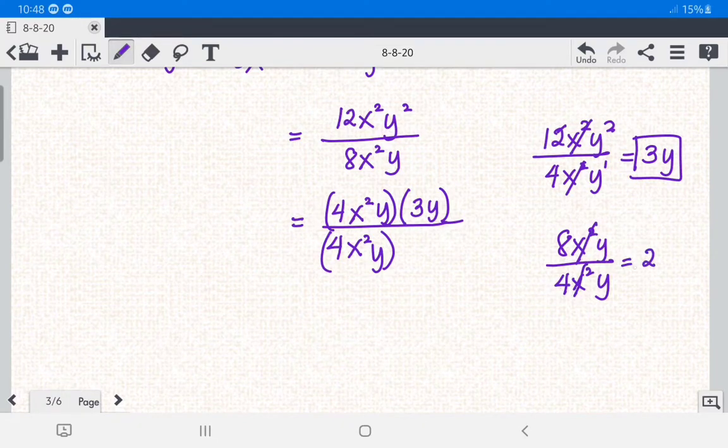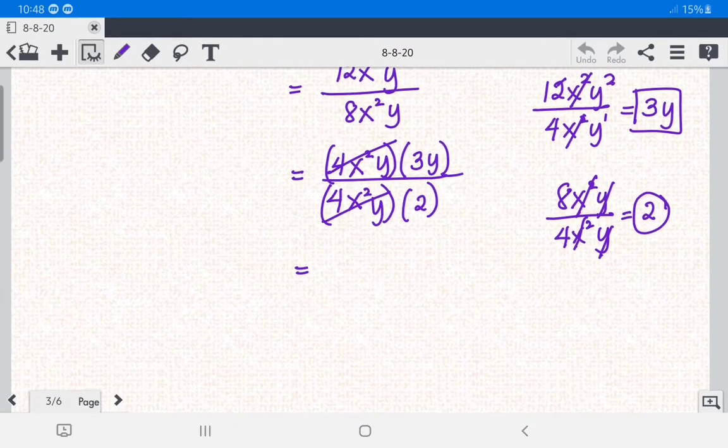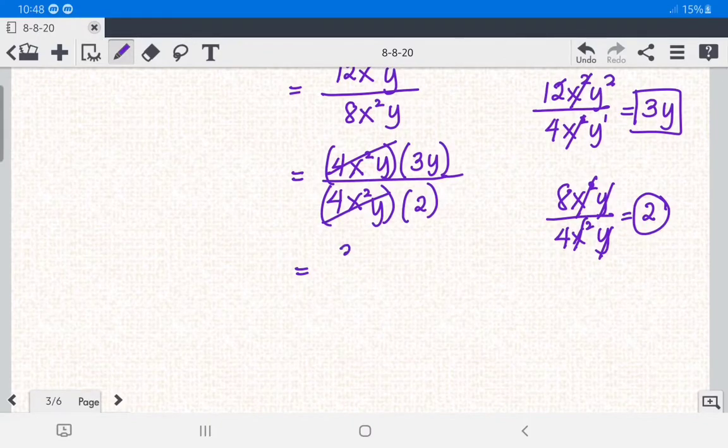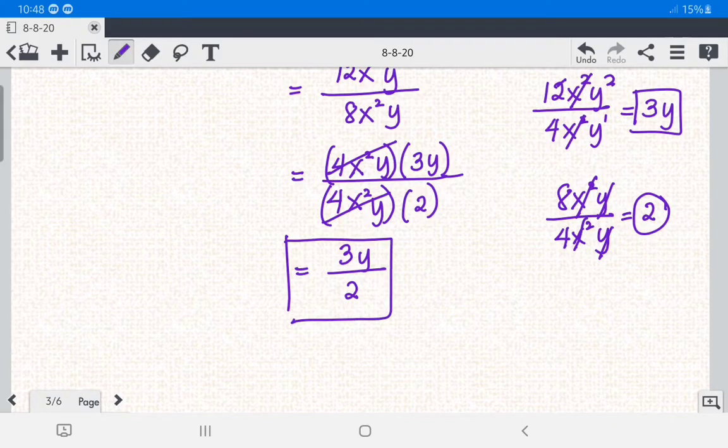Then cancel x squared and also the y variable. So we have here only 2. The next, let us cancel 4x squared y. And then the answer is only 3y over 2. Okay, so that's the answer.